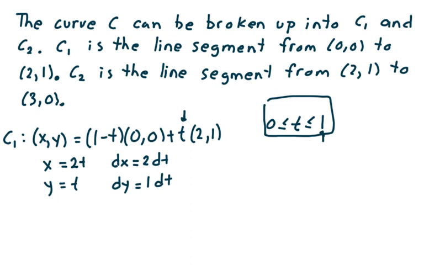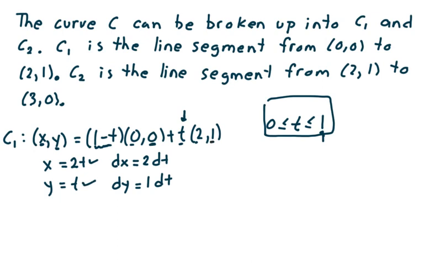Now, if we equate coordinates or components, for x, that's (1 − t) times 0 plus t times 2. So x equals 2t. For y, that's (1 − t) times the second 0, plus t times 1.